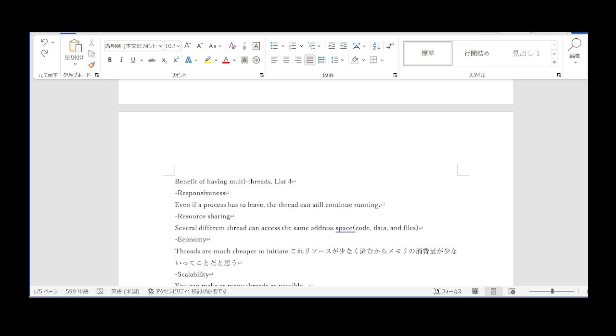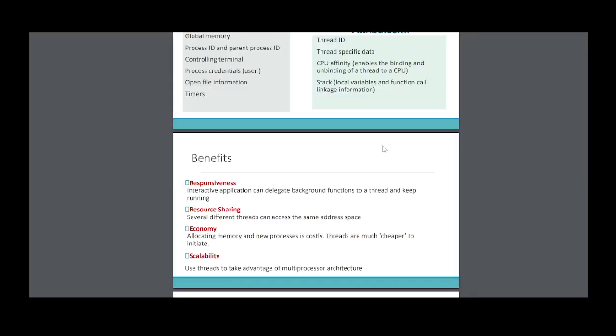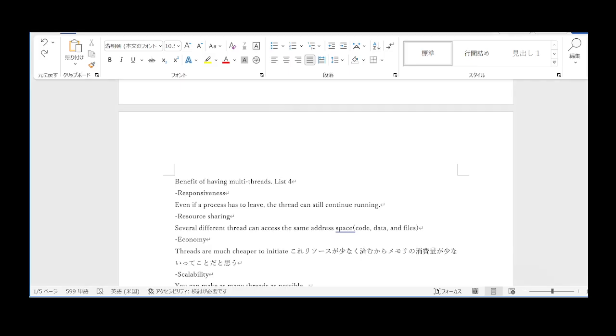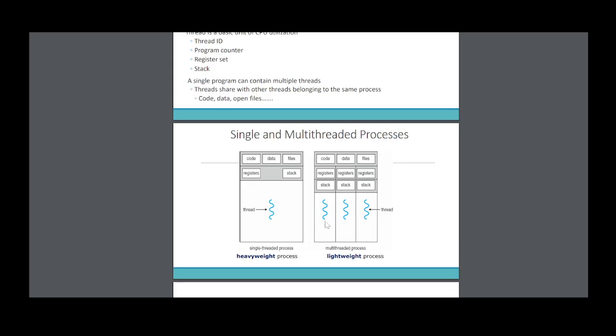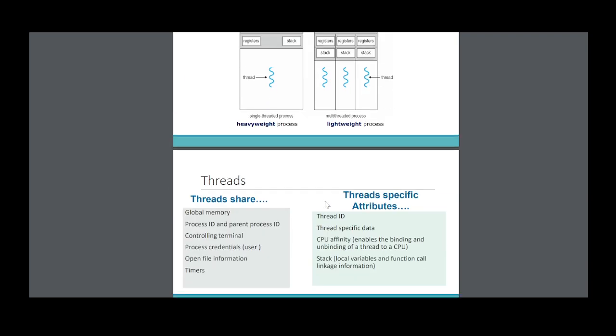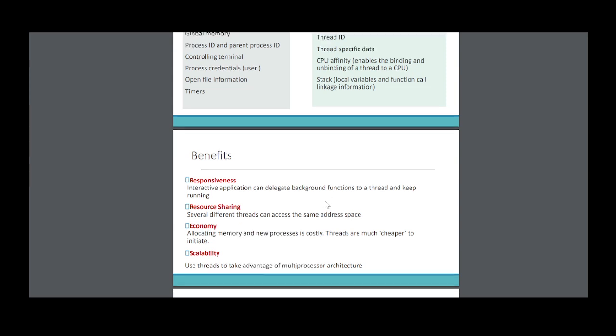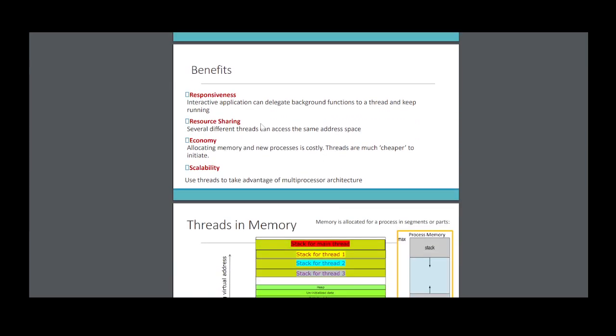Address space means code, data, and files, like these resources. And since they can share resources, the threads are much cheaper to initiate because it doesn't need to create many resources. Scalability: you can just create as many threads as possible. So those were the benefits of multi-thread.